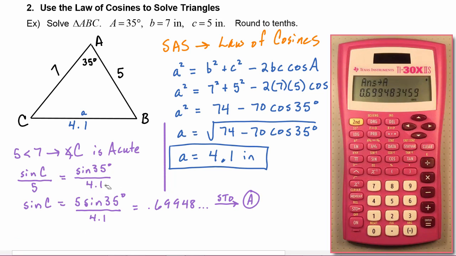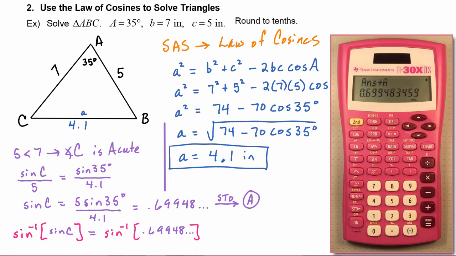So to solve this equation, we know we'll take the sine inverse of the sine of C, and that's going to equal the sine inverse of that number we just found, 0.69948. We have it stored in memory location A. Let me scroll up a little bit here.